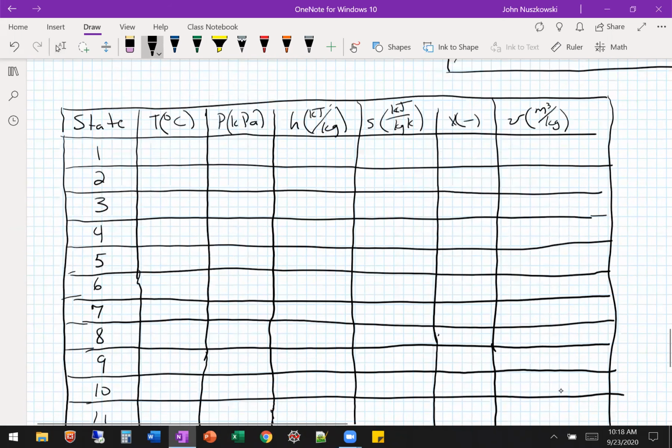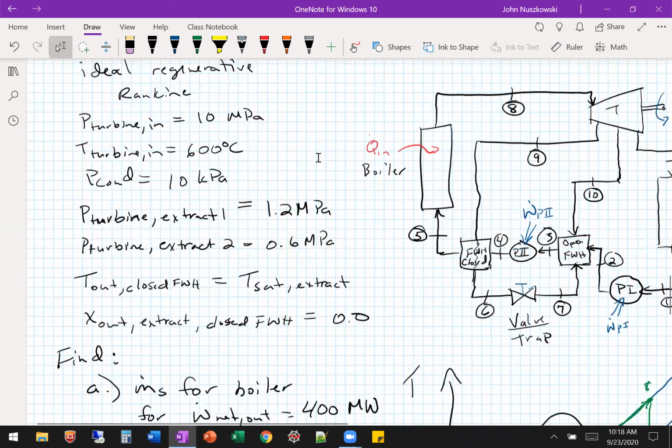Okay, so we have our 11 states, and we'll start walking through it next class. There's just a little bit of understanding at the beginning, and then it starts coming together once that happens. All right, so I'll leave it there for today.